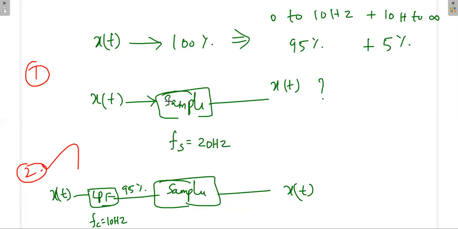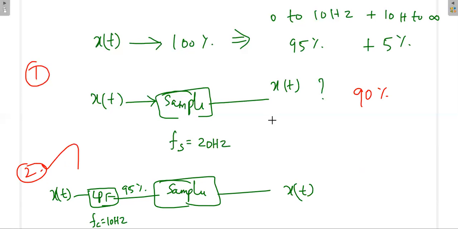Why? Because in the first case we are not following the sampling theorem, as we do not know the maximum frequency here. There is some information present from 10 hertz onwards, and without knowing that we are operating here, that 5% of the information will collapse onto another 5% of the information. So we can get only up to 90% of the information, because we are not applying the sampling theorem properly.